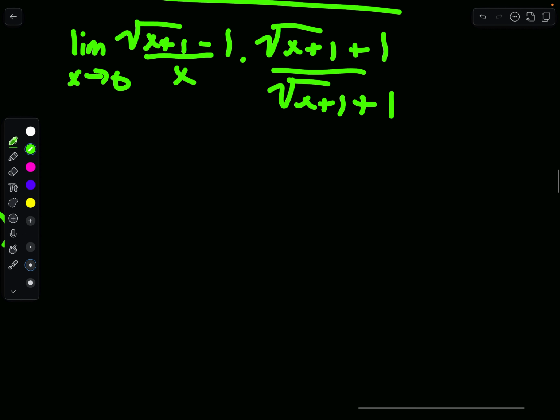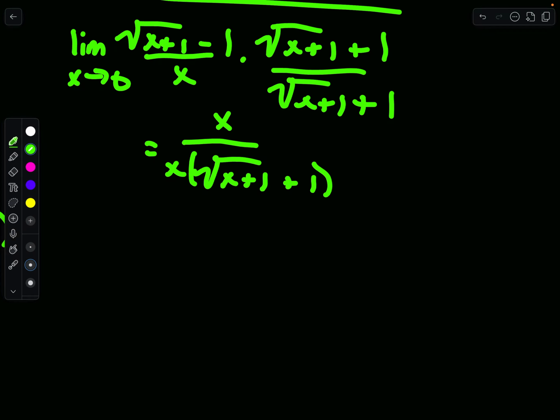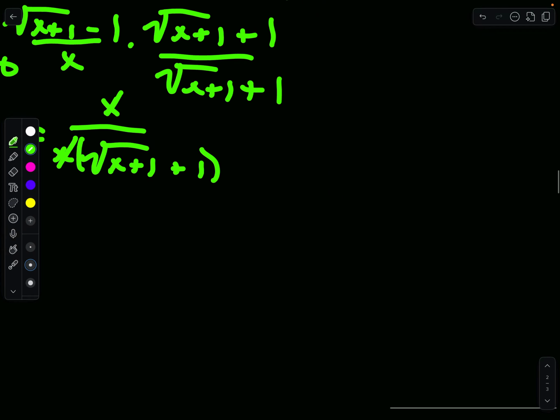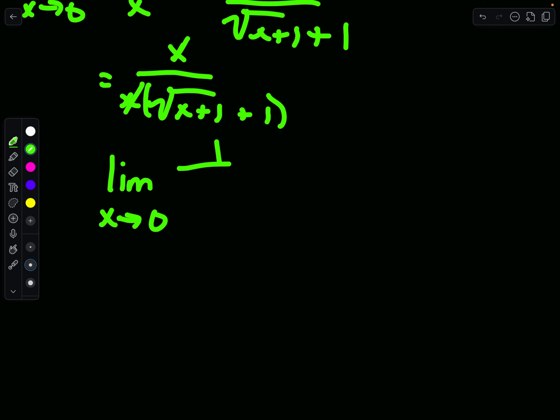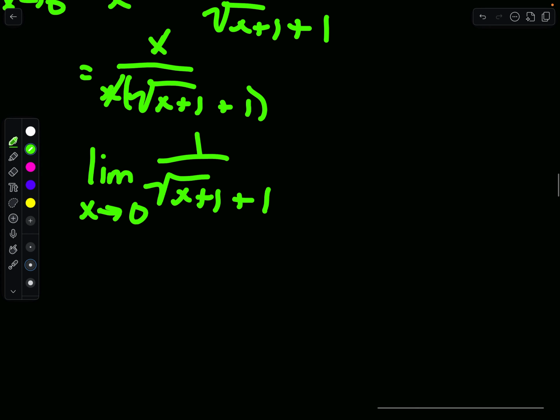From there, you get x over x times root x plus 1 plus 1. Cancel that out, and then you are left with the limit as x goes to 0 of 1 over root x plus 1 plus 1. And then this just simplifies to 1/2.